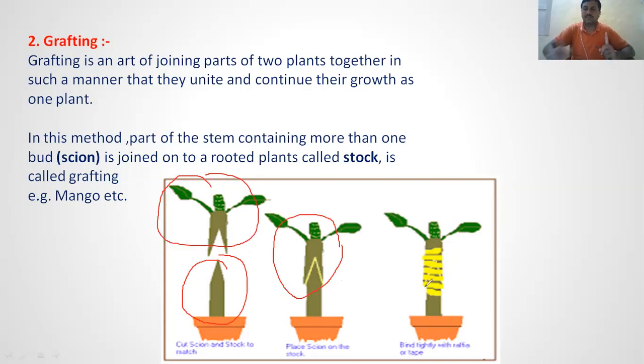Two different species, stock and scion, are joined to each other and produce a new variety. It is also called grafting.